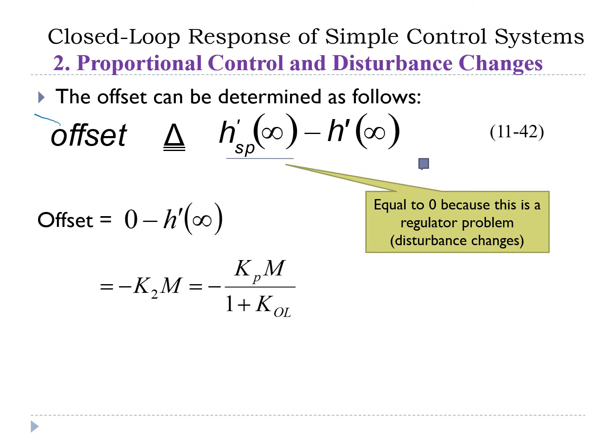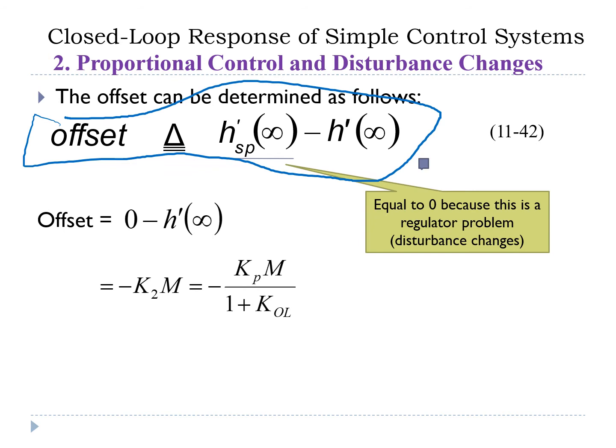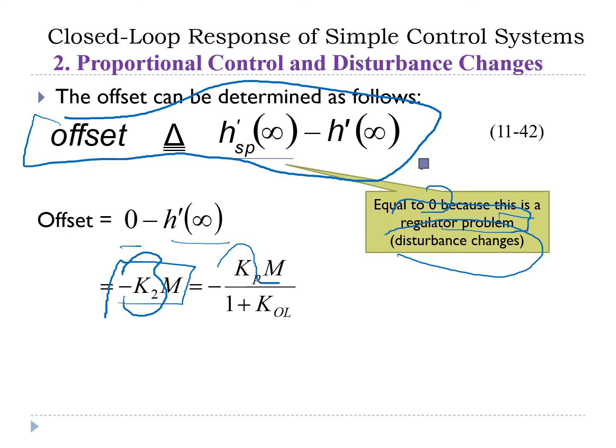So this is what we have calculated before. The offset equals set point minus the final value, and the set point equals 0 because this is a regulator problem. We only consider the disturbance change, right? So 0 minus the final value equals negative K2M, and substituting the value of K2, where K2 equals Kp over 1 plus KOL, we get the offset equal to negative KpM over 1 plus KOL.